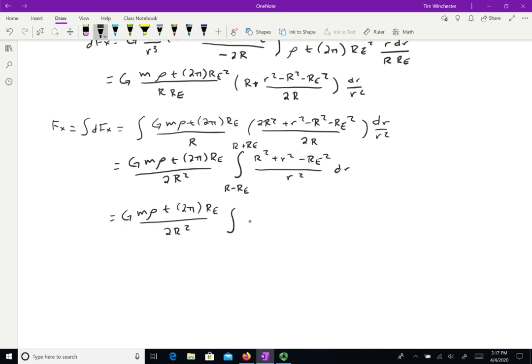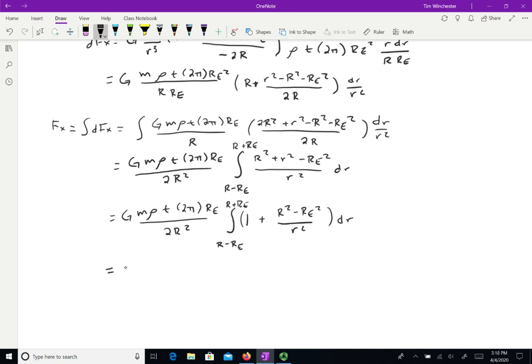So little r squared over little r squared is going to be 1 plus big R squared minus R_E squared over little r squared, dr. And again we're evaluating from R minus R_E to R plus R_E.